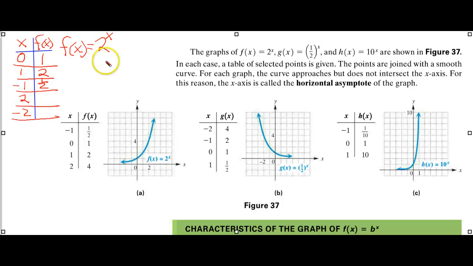Now we use 2 as an exponent. 2 to the second power is 4. And 2 to the negative 2 power is 1/4, just the reciprocal. Now we can put in there 3 too, just to get another point.